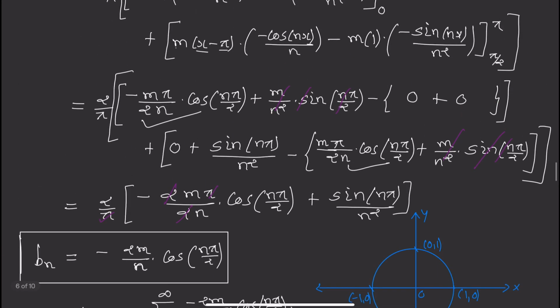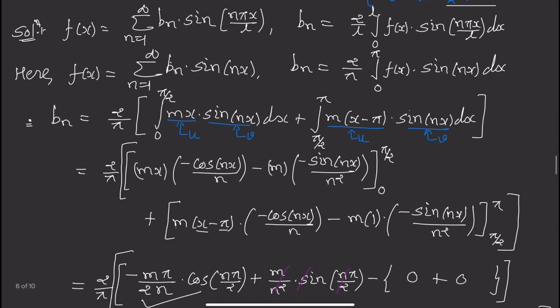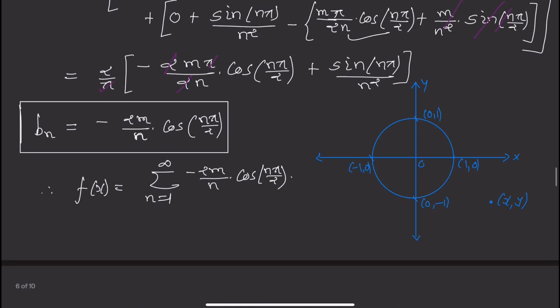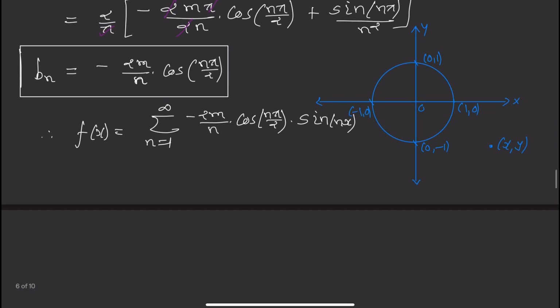right? Can you recall what is our f of x? Our f of x is this, summation n equal to 1 to infinity bn sine nx. So the value of bn is this, multiplied by sine nx. If you want to modify this, then we can take the quantities which are independent of n outside of the summation.